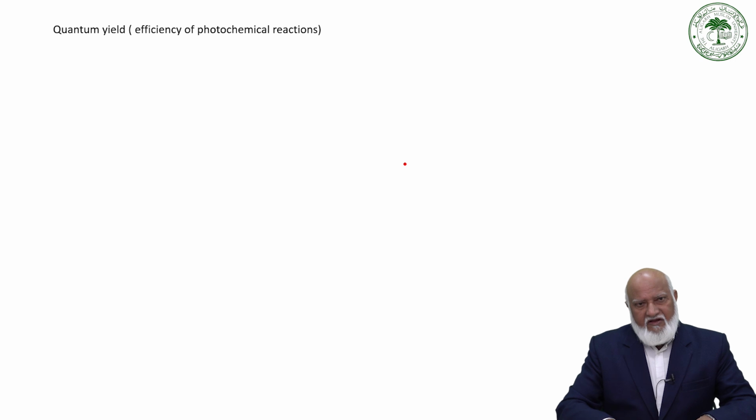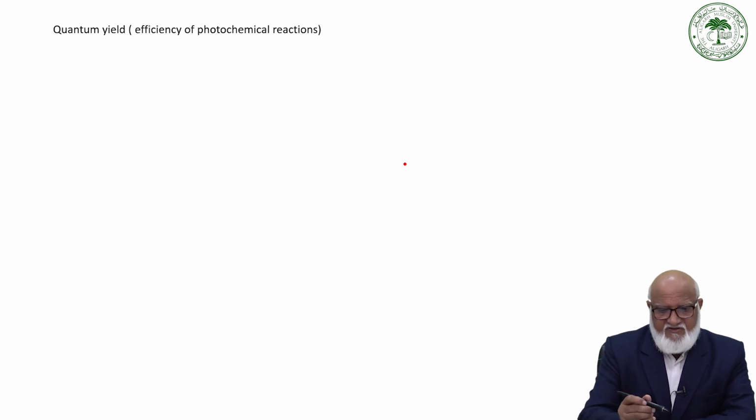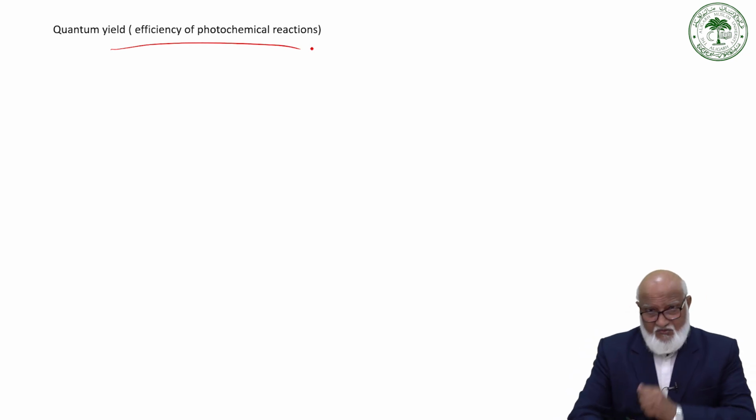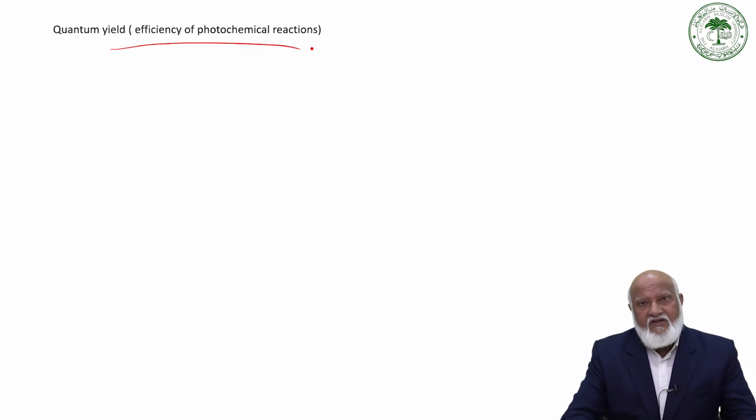Now, as far as the quantum yield and efficiency of a photochemical reaction is concerned, it is very important to know this. Whenever we do a chemical reaction, we always talk about the yield of the reaction, and hence the efficiency of a photochemical reaction: how much reactant is transformed to the product.